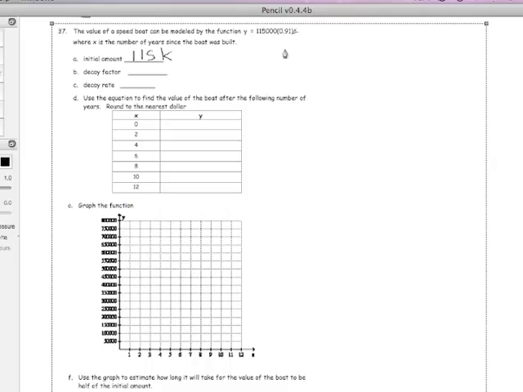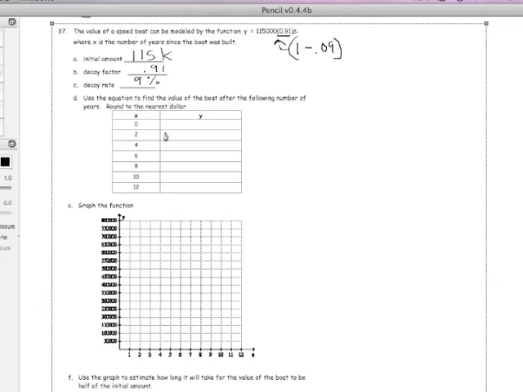The decay factor is 0.91, and the decay rate is 9% per year, because 9 plus 91 is 100%, and this 0.91 is really 1 minus 0.09. That's just this term right here.